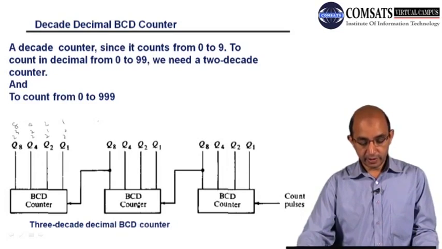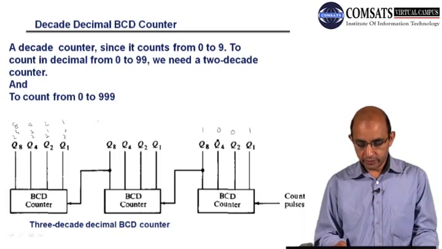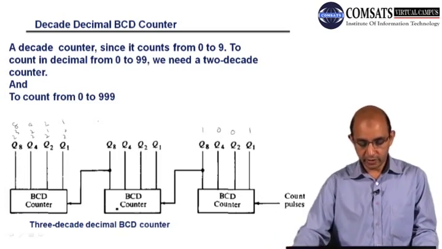This is another BCD counter. You can see the interconnection. These are the count pulses. Whenever we start counting, you can see whenever we have 1 0 0 1, that will trigger this, and then this will start counting.